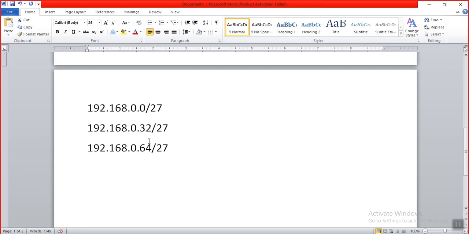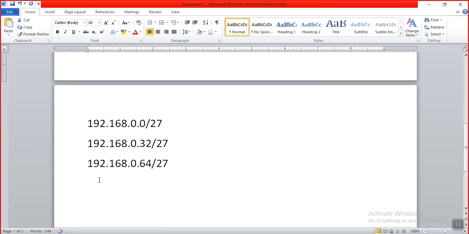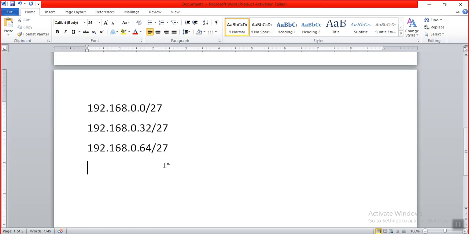And why am I writing in the fourth octet? Because when I cut this 3 bit, it is actually from the fourth octet. So one by one, after 64, what should be the value, and what should be the last value? Last value should be 224. Check it. 192.168.0.64 plus 32, that is 96/27. 192.168.0.96 plus 32.